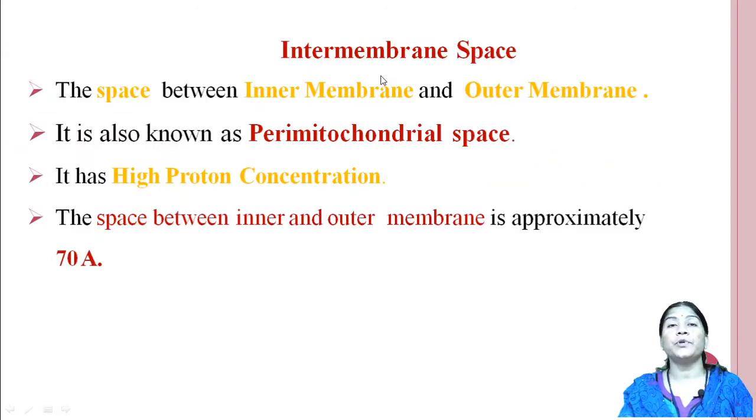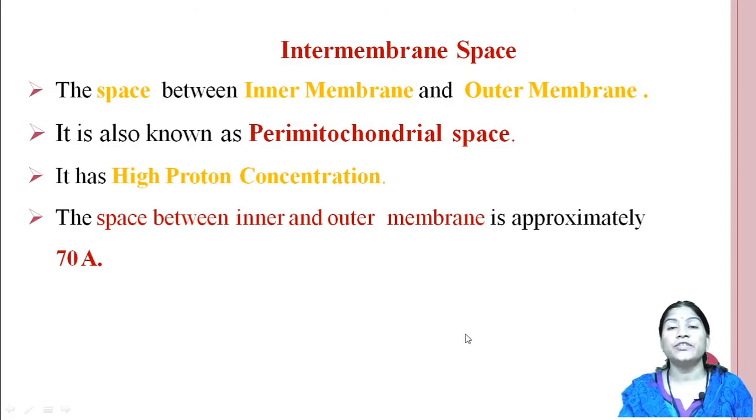The next component of mitochondria is the intermembrane space. The space between the inner membrane and the outer membrane is called the intermembrane space. It is also known as the perimitochondrial space. It has a high concentration of protons.